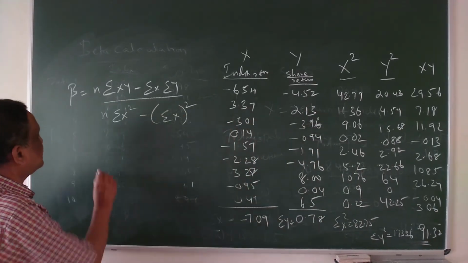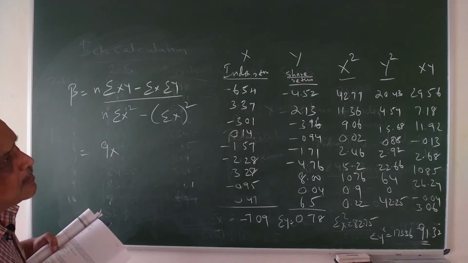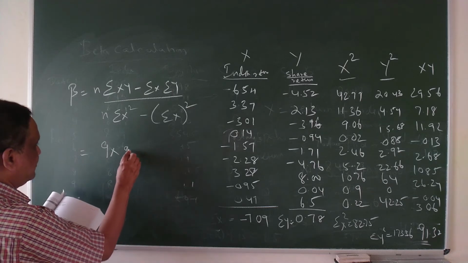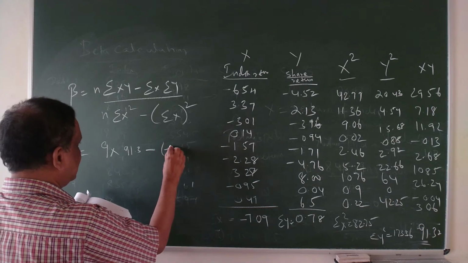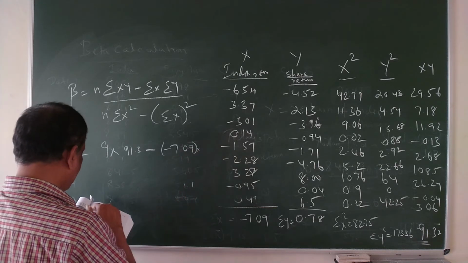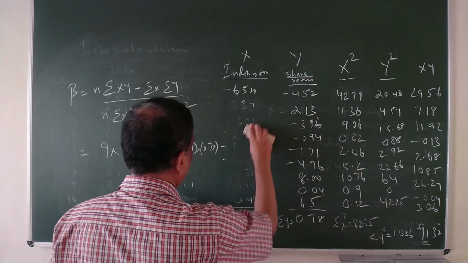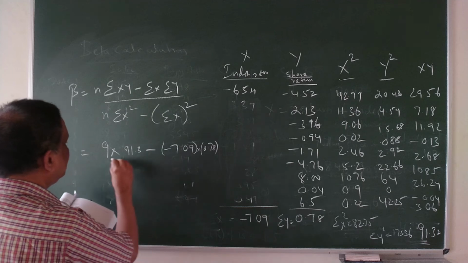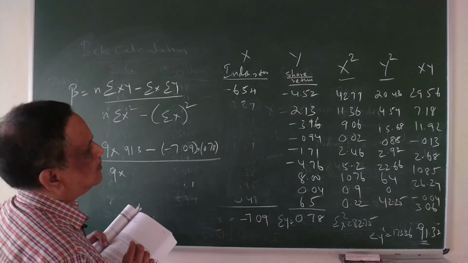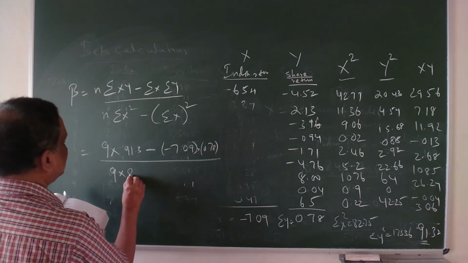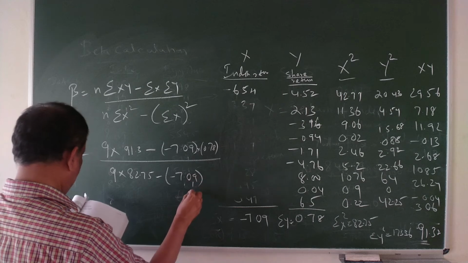So be careful. n is 9, we have 9 values. n sigma xy is 91.3 minus sigma x into sigma y, that is minus 7.09 multiplied by 0.78, divided by n, 9, into sigma of x square, 82.75, minus sigma x, 7.09, whole square.